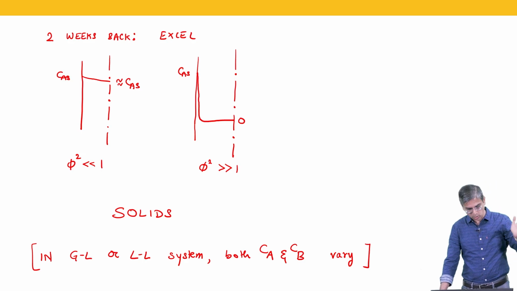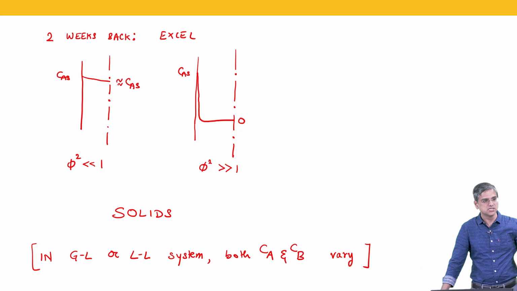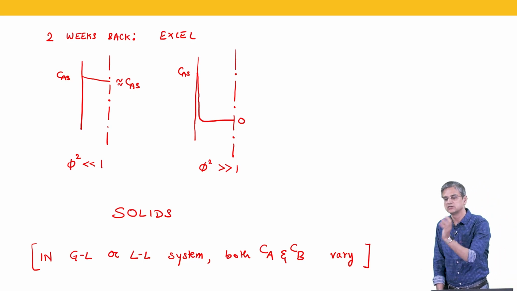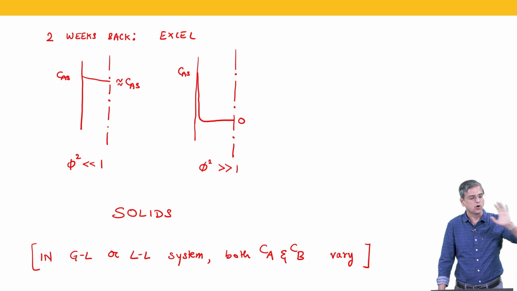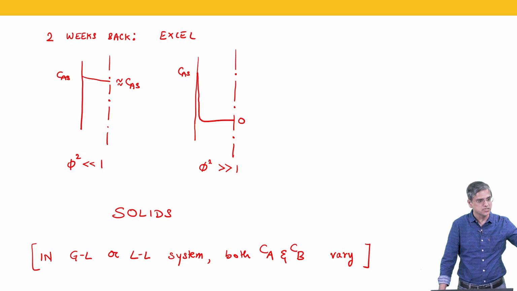Okay. In the other end of the spectrum, if the rate of reaction is extremely fast, your concentration of A is going to fall as soon as it encounters the other species. In module 5, as soon as it encounters the catalyst, the concentration falls to 0. In module 6, as soon as it encounters B, its concentration falls to 0.